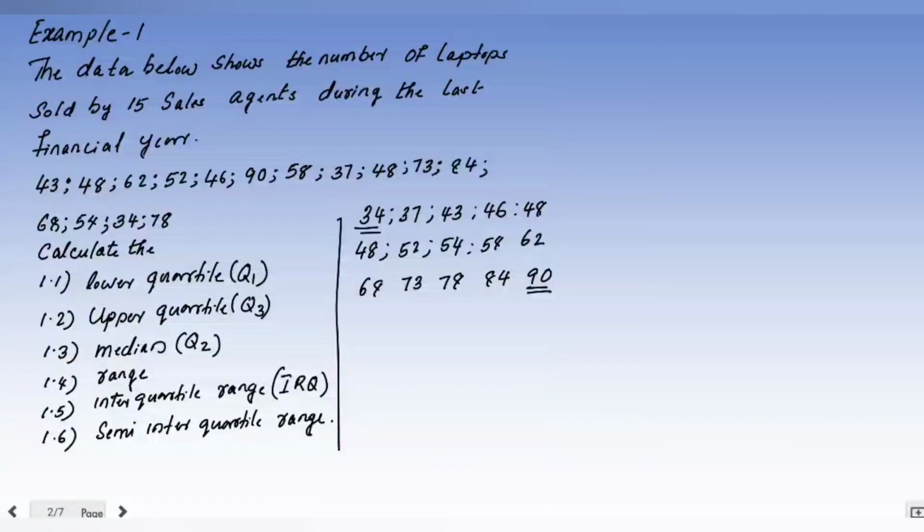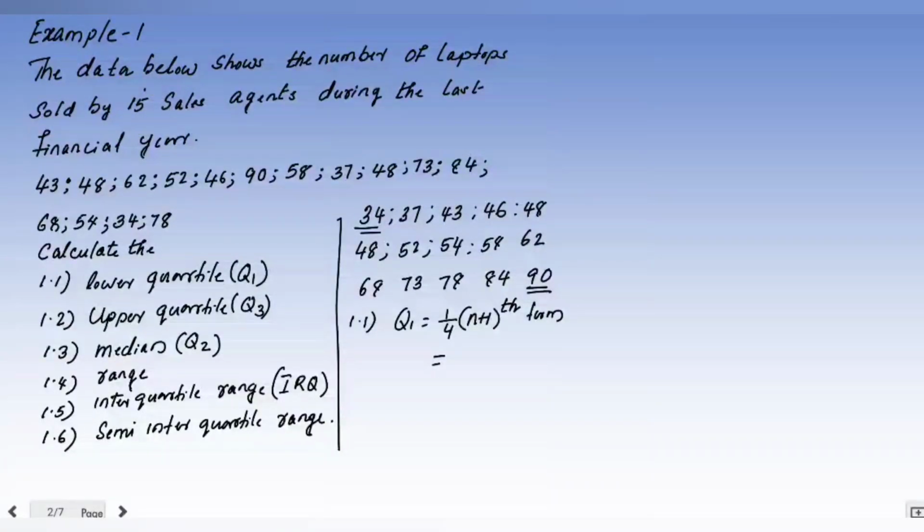Clear? Now let me find the lower quartile, question 1.1. What is the formula? Q1 is equal to 1 over 4 times (n plus 1). This is not the answer, same as the median. This is the position of the answer, or direction towards the answer. Here n is the number of terms, 15.